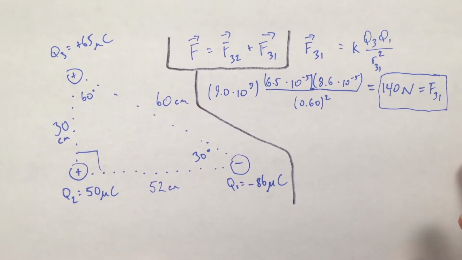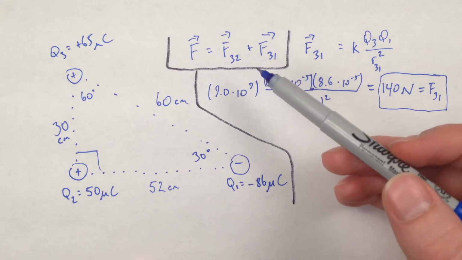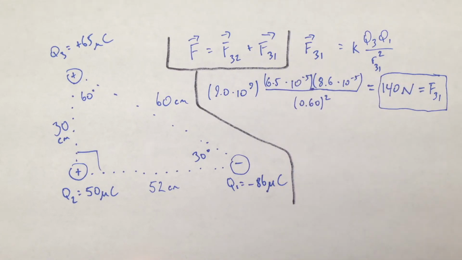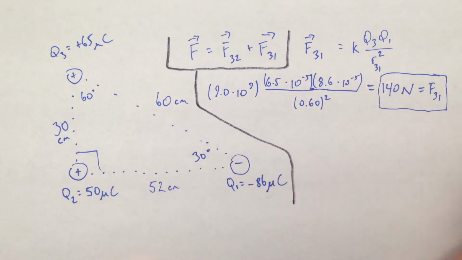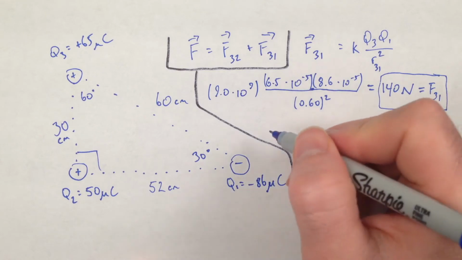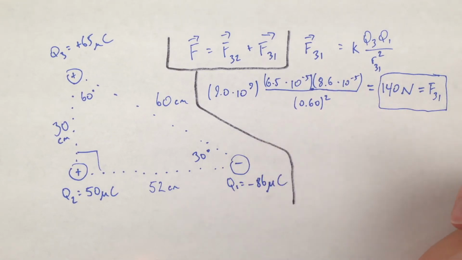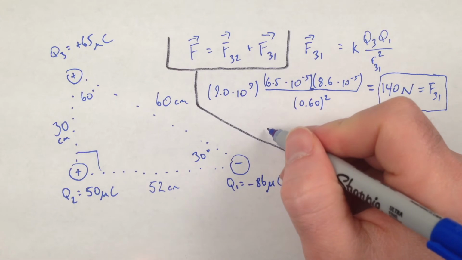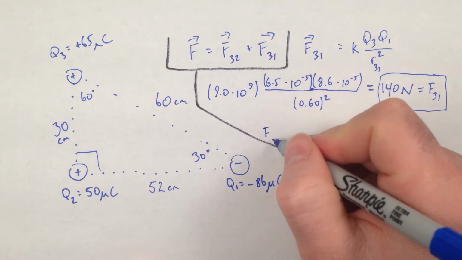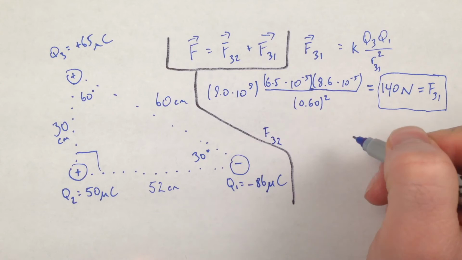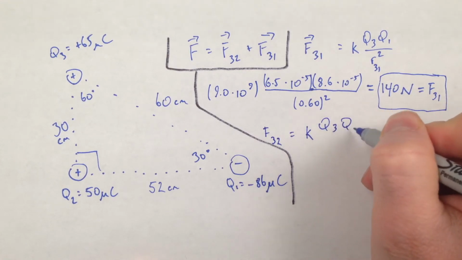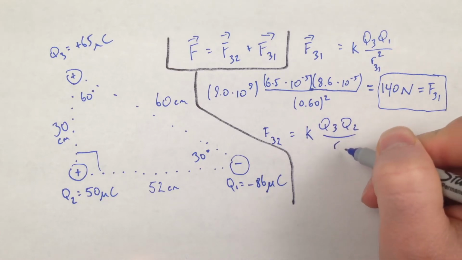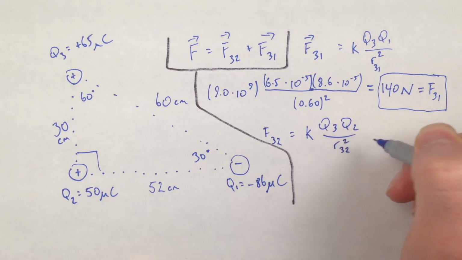All right, let's do the same thing for charges 3 and 2. I've got a little bit less room, but I think I can manage. So the force between object 3 and object 2 is K, the charge of object 3, the charge of object 2, and the distance between objects 3 and 2 squared.